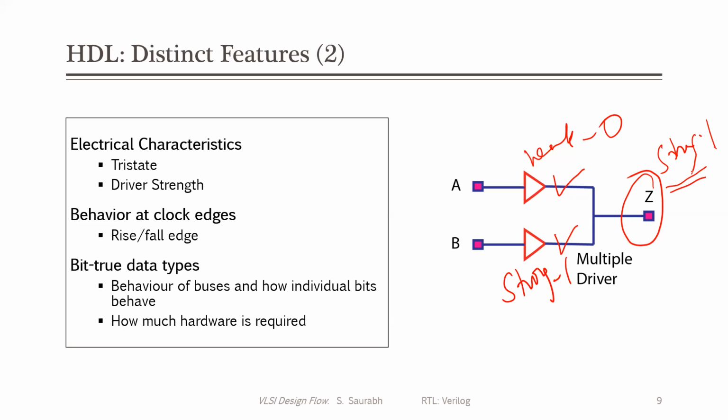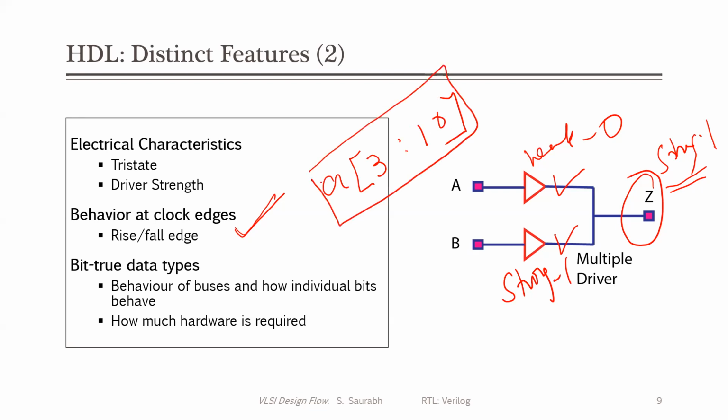Then you can specify edges of the clock, and this is important for modeling of sequential circuits. And then HDLs have features to do operations on bits and groups of bits, right? For example, if you want to take the third to 10th bit of a signal and then do something, you can easily write the statements based on the bit select and part select of a signal, right?